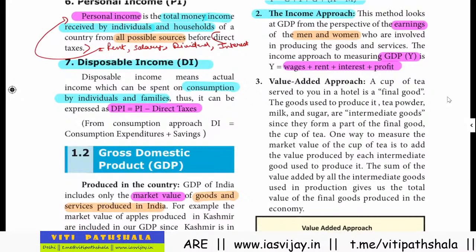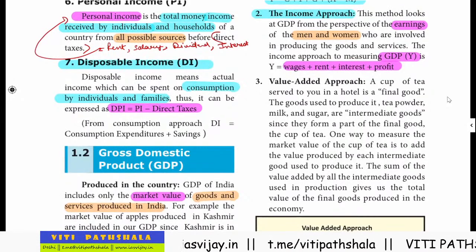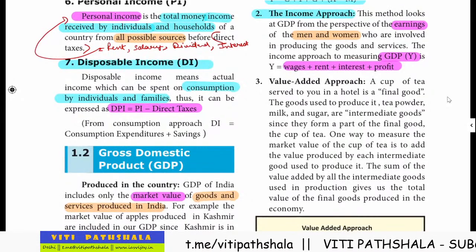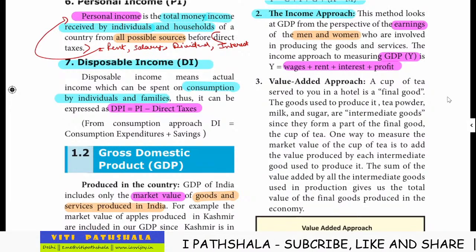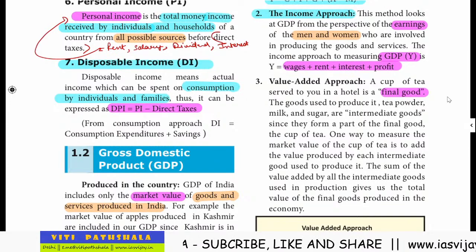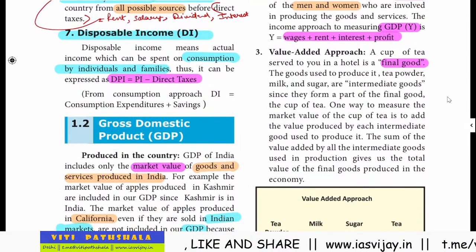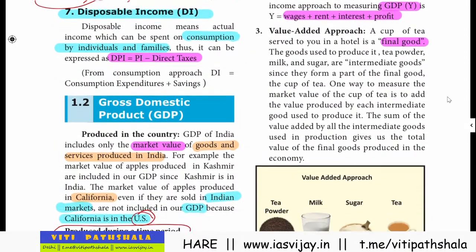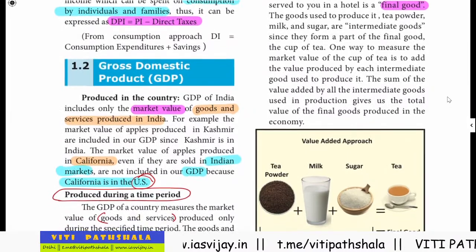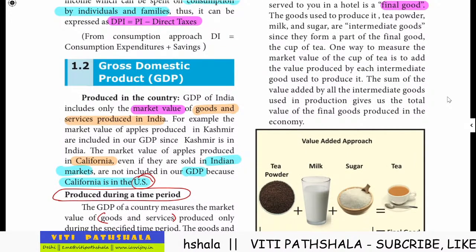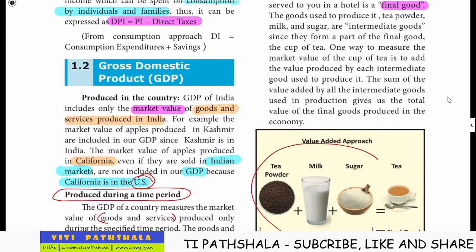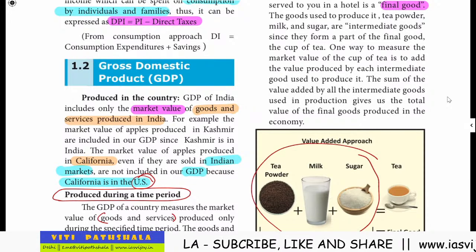Then the third is your value added approach. Now, a cup of tea served to you in a hotel is a final good. Now, the goods used to produce it, the tea powder, milk, and sugar, are intermediate goods. So, you can see this picture: tea powder, milk, and the sugar.